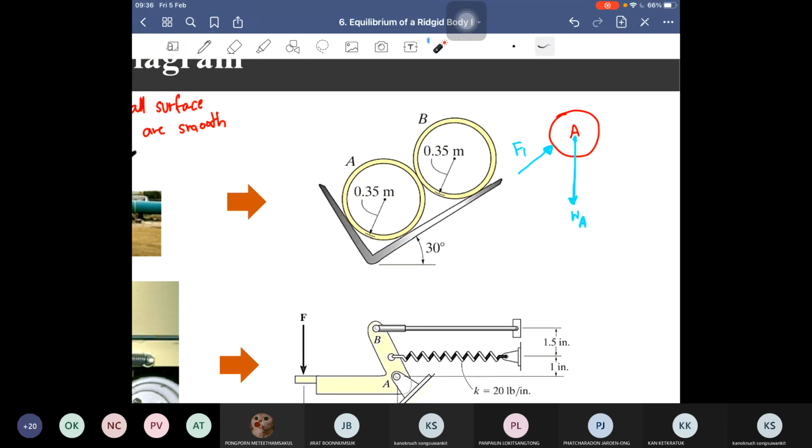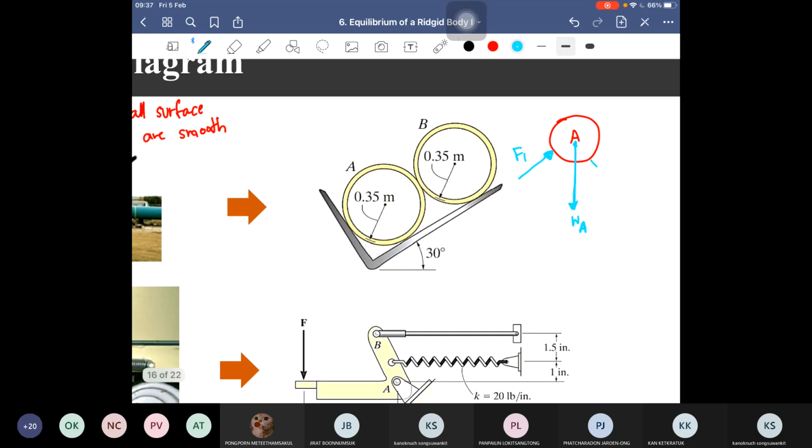Okay, we resolve the WA to this direction and this direction. In this direction, again, the floor must produce one force to resist this weight. So we have another reaction force in this direction, F2.